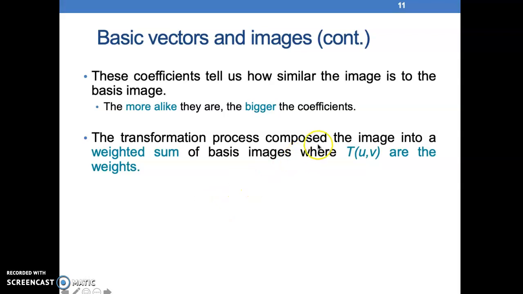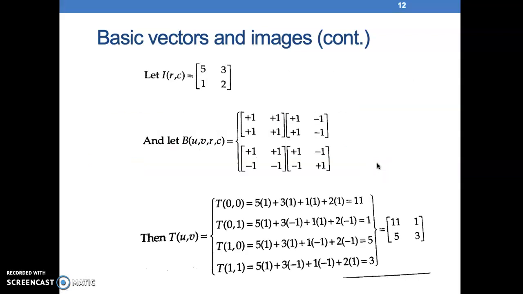The transformation process decomposes the image into a weighted sum, the output of the inner product with the basis images, where T(u,v) are the weights.